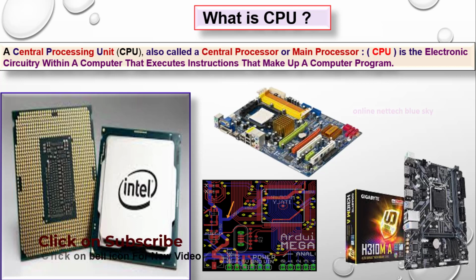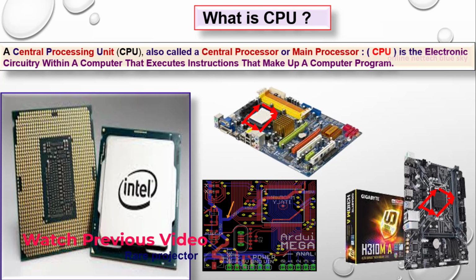Better than AMD. And you can see here this is one type of motherboard showing up here. So where is it installed? Every motherboard has one type of CPU socket installation place. You can see up here. I'm showing you again.